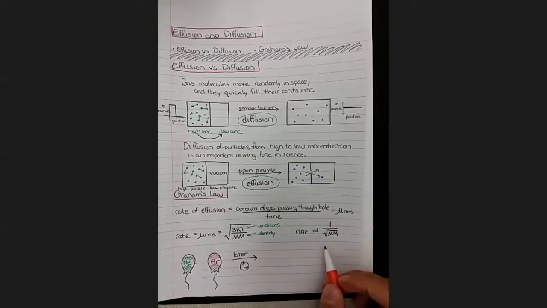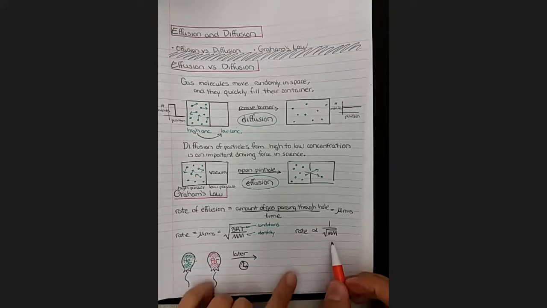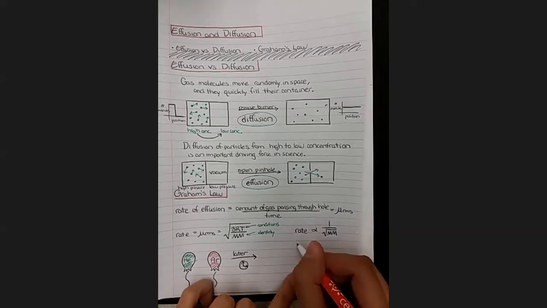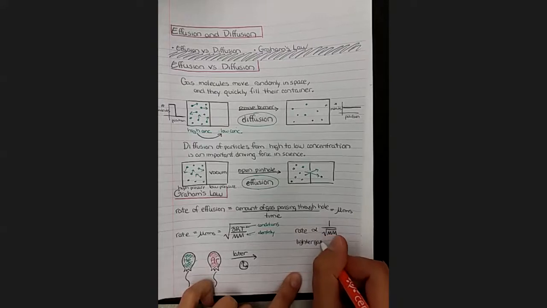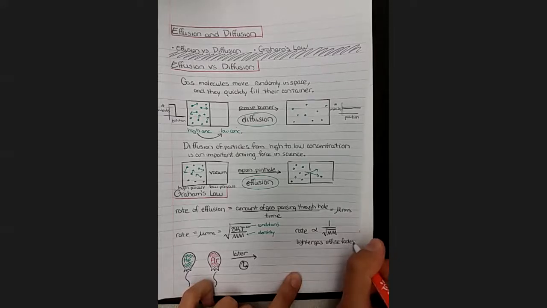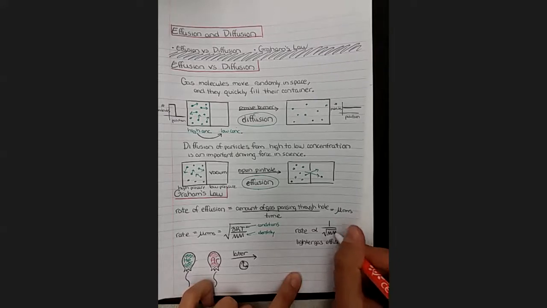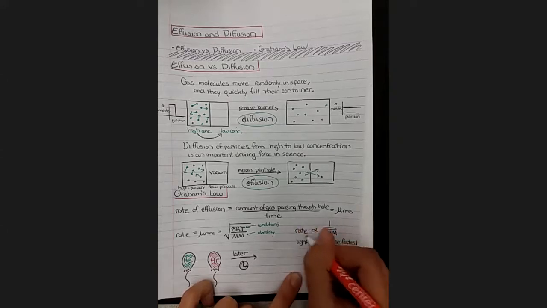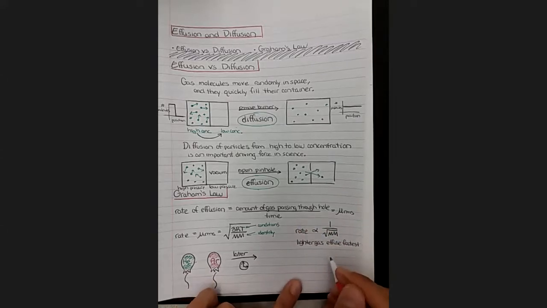So let's look back at our formula. We know that the rate of effusion is inversely proportional to the molar mass. So that means that lighter gases with a lower molar mass are going to effuse fastest. So if this number is small, for the molar mass, the rate is going to be largest.